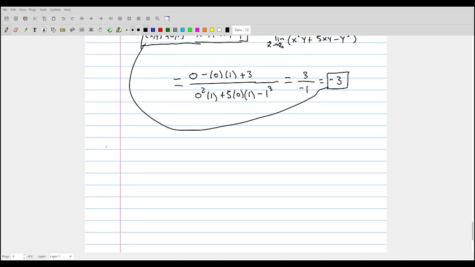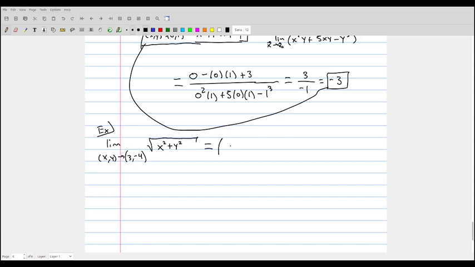So we'll do another example. We'll do the limit as (x, y) goes to the point (3, -4) of the square root of x squared plus y squared. Well, we can use the root limit law first.